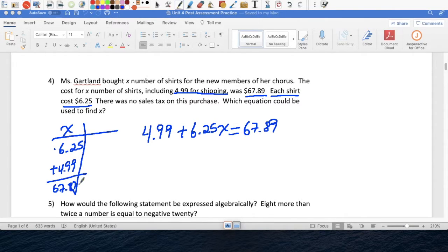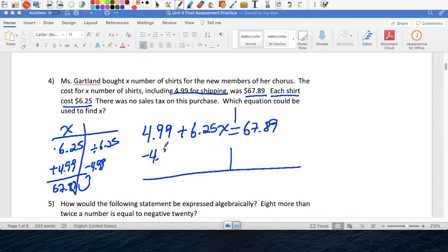So we're going to do minus 4.99 and then divide by 6.25. Left and right. So minus 4.99, minus 4.99. That goes away. And we get 6.25x equals 67.89 minus 4.99 equals 62.9.